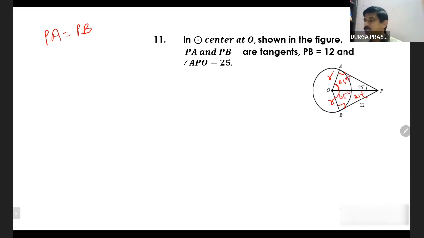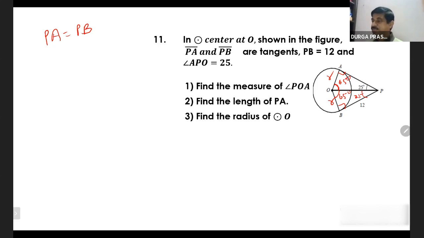Okay. Now, what is he asking? Find the measure of POA. POA, we got it as 65 degrees. If you look at the diagram, because this is 25, this should be 90 minus 25. So POA equal to 90 minus 25, that is 65.